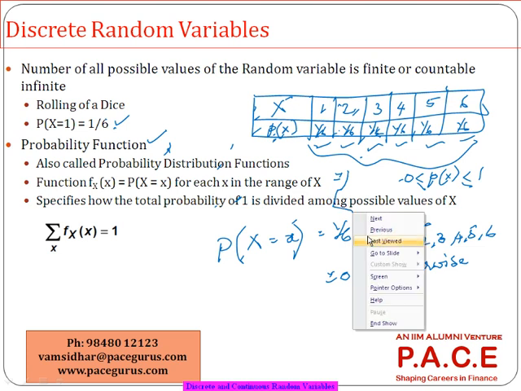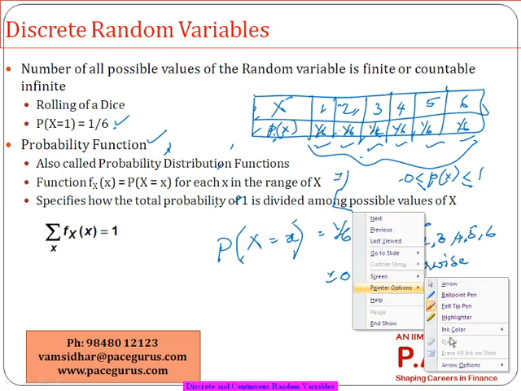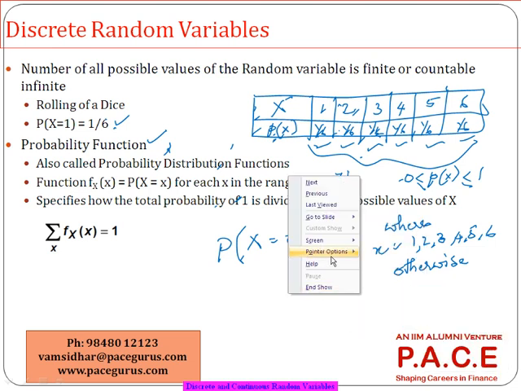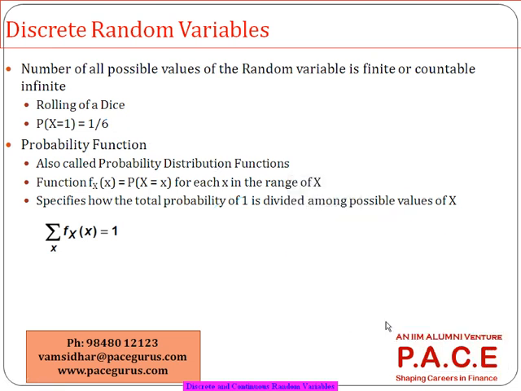Now let's see one more simple example before we proceed further. Let's say I give one probability function, P of x equal to x is equal to x by 10, where x equal to 1, 2, 3, and 0 otherwise.